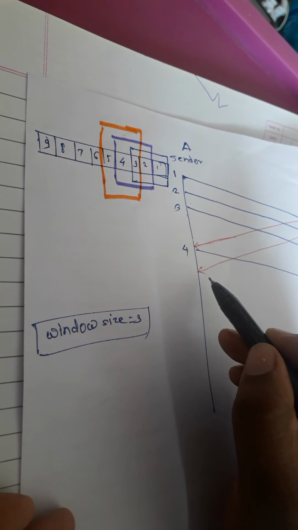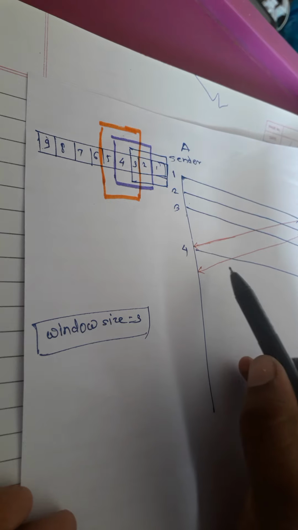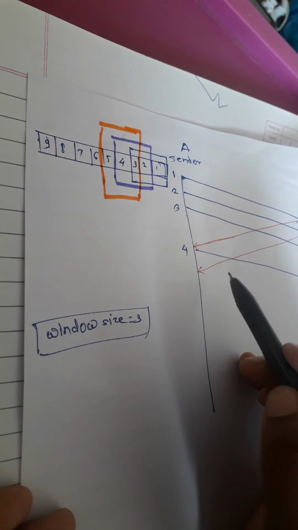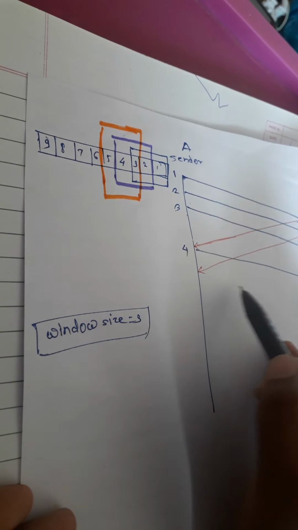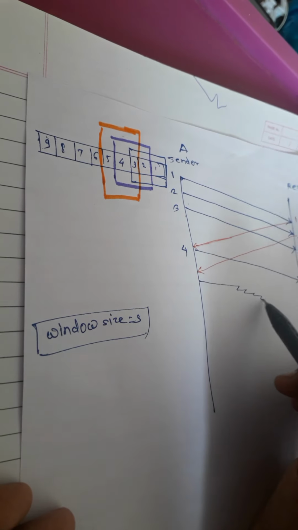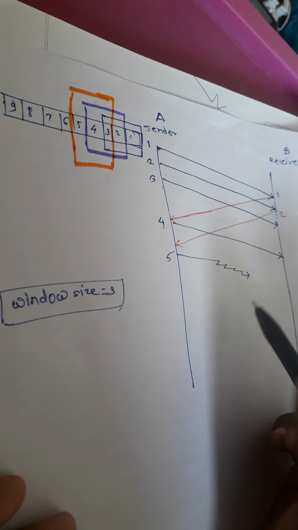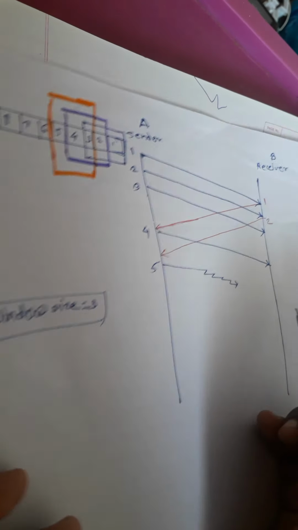Remember, in the example it is given that every fifth frame transmitted by the sender gets lost for some reason. So this fifth frame will not reach the receiver. That is the scenario given in the example.